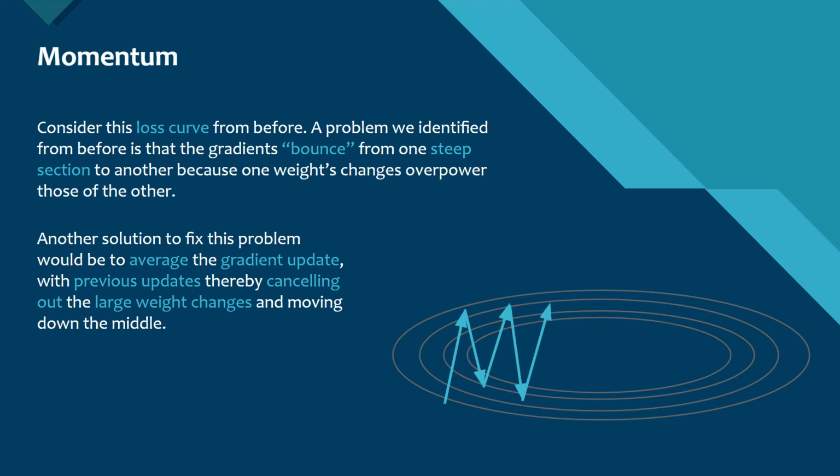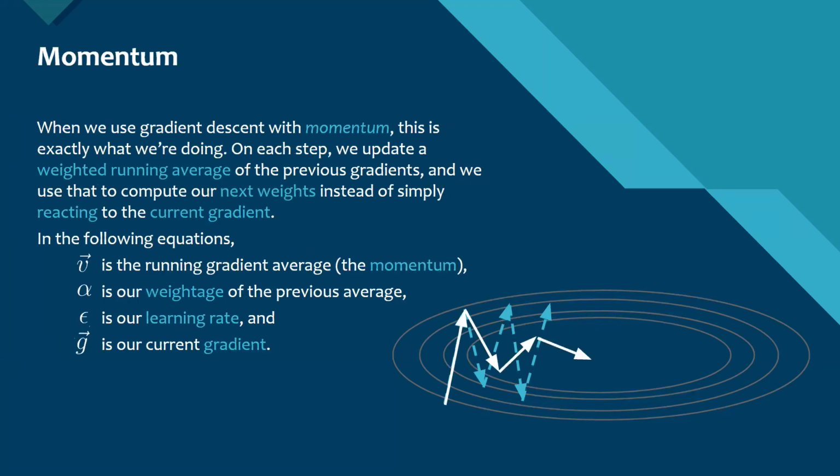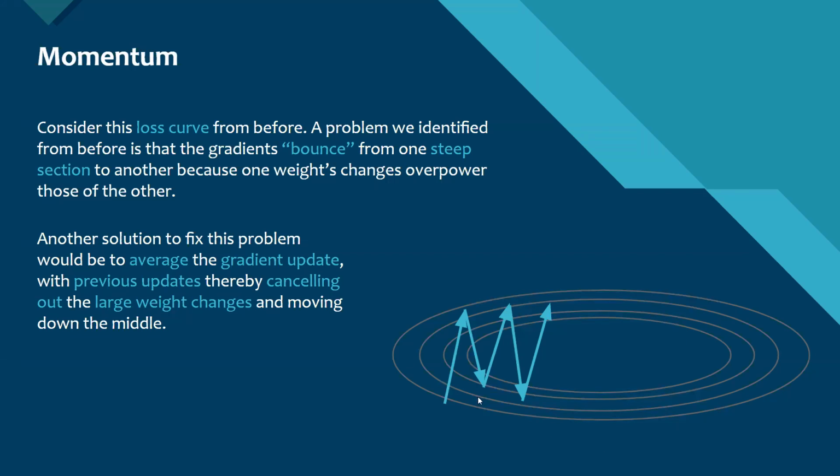So we can implement that mathematically. What we can do is keep a running average of our gradient steps and append that to our gradient descent to make it move in a better direction. Okay, let's take a look at what that means for a second.